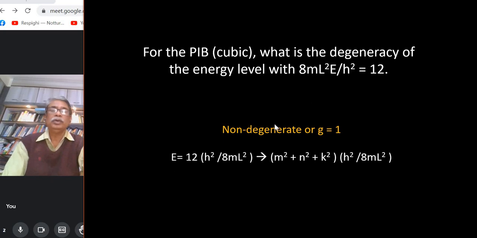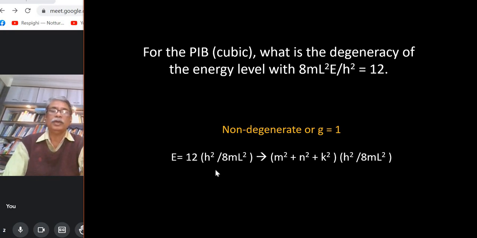If you rearrange the equation, E is 12 h square by 8 m L square, and if you compare with the 3-dimensional energy expression for PIB, you will see that this is a sum of squares of 3 quantum numbers m, n, and k, all integers, mind that, and that is as per the question 12.